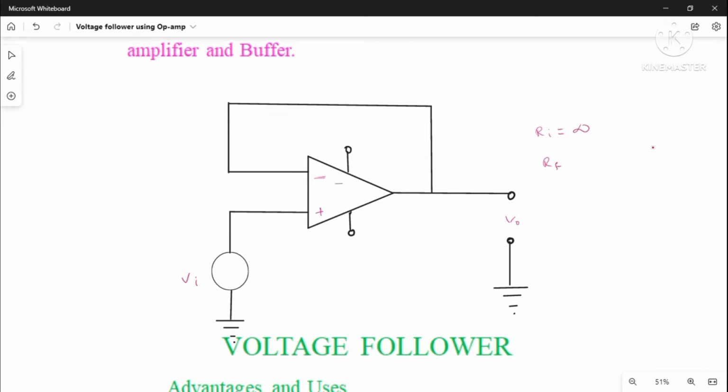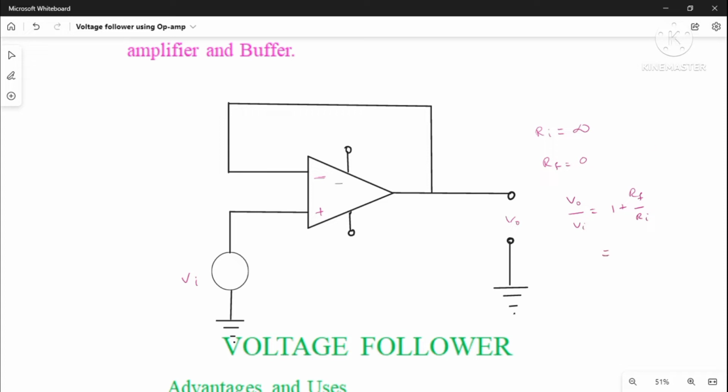We know that the gain of non-inverting amplifier, that is Vout by Vi, is equal to 1 plus Rf by Ri. So in this circuit Rf is 0 and Ri is infinity.